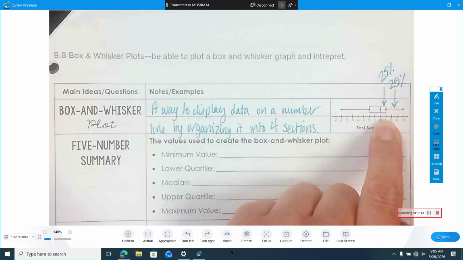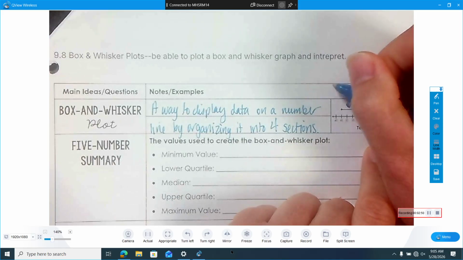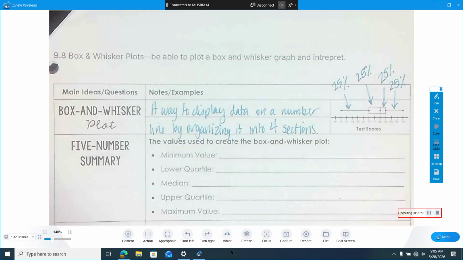And that's kind of really interesting. So 25% is in the little box, and 25% is in each whisker. And so you can get a visual of all 100% of your data.